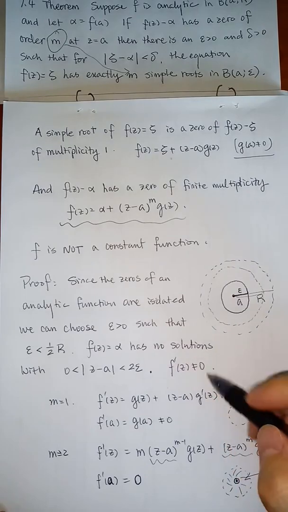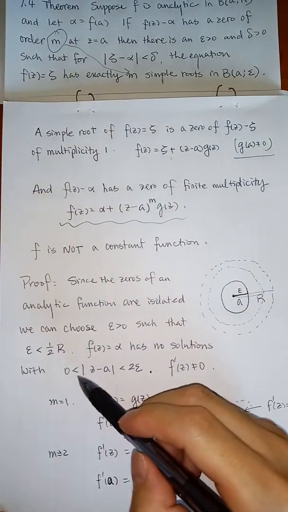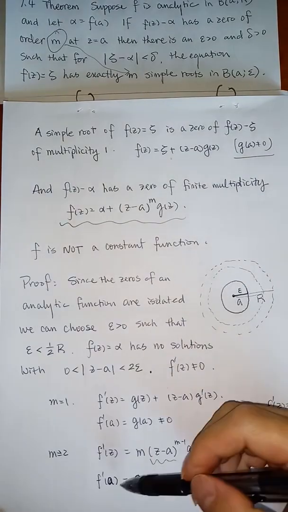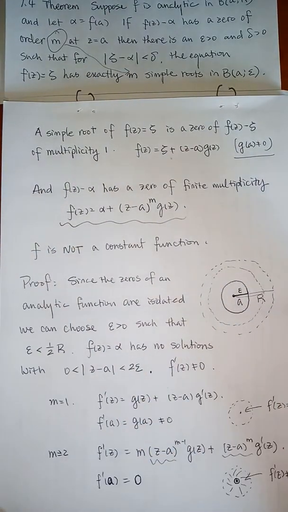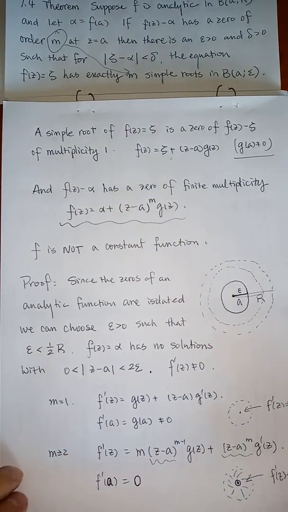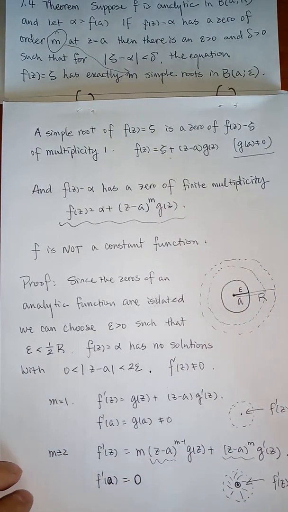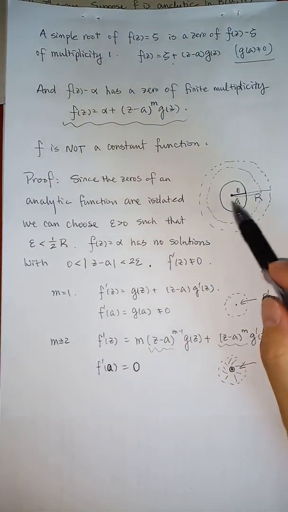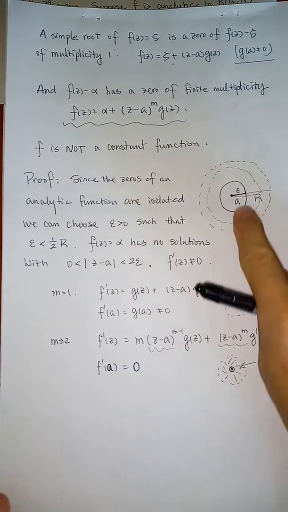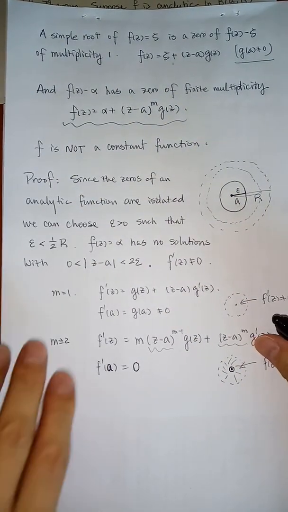So for m equal to 1 you can include the center, and for m greater than 1 you have to remove it. Anyway, we don't care about the point a, so we always assume |z minus a| is greater than 0. So that's the condition for epsilon. First, inside the disk there's only one zero. Second, inside the punctured disk, f prime of z is not equal to 0.